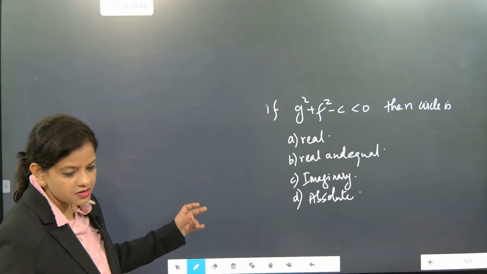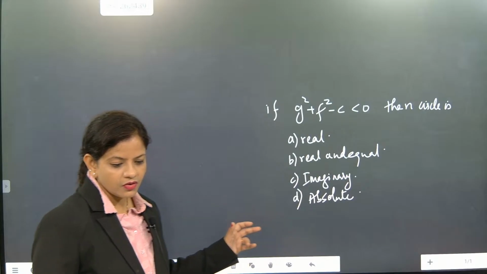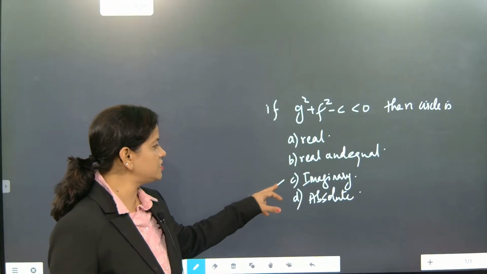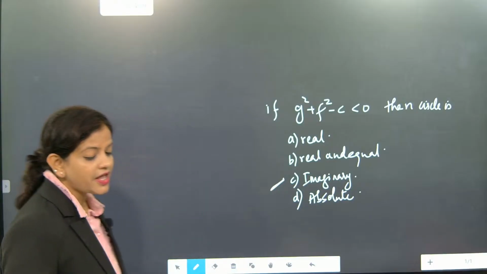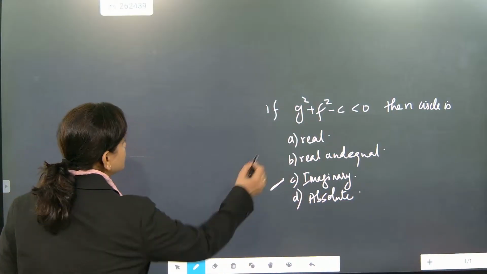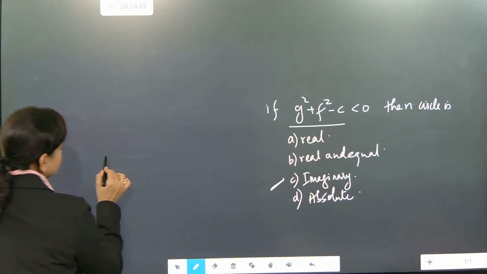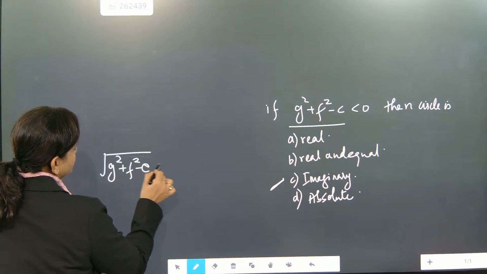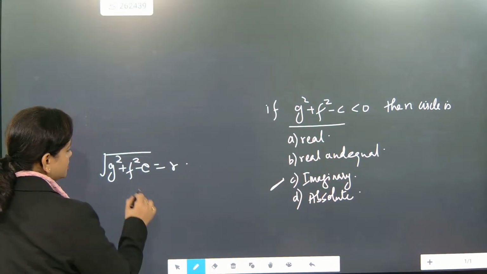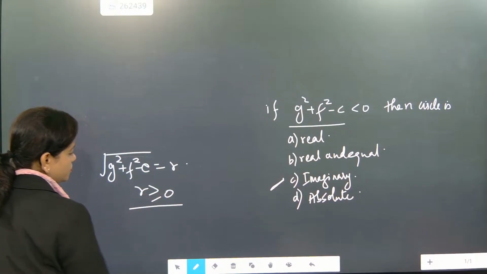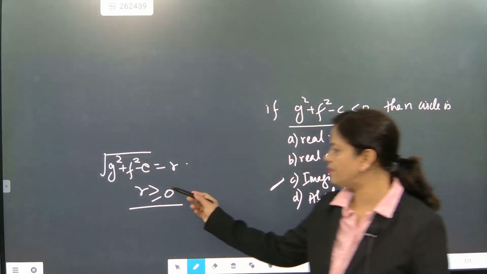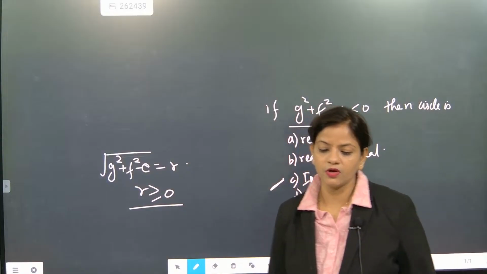Akbar is telling the answer. So two people have given the answer imaginary. Yes, beta. That is the absolutely correct answer. This is representing the radius. According to the content, the root of g square plus f square minus c is the radius. And the radius should always be either 0, at which time the circle will be a point object.